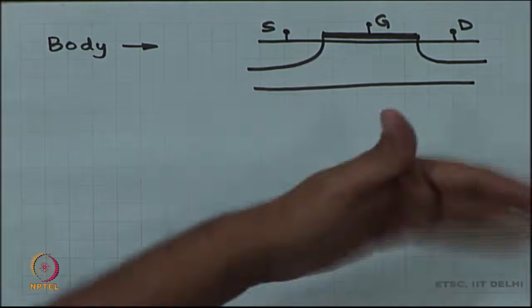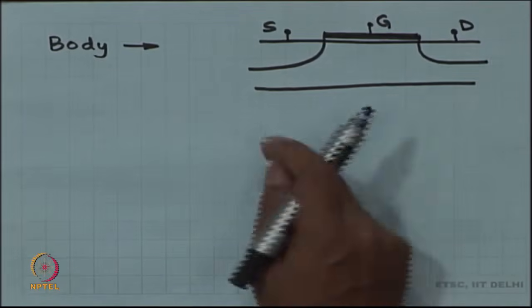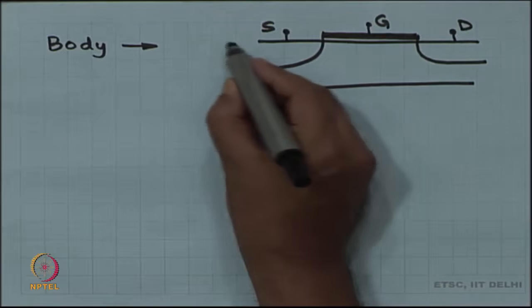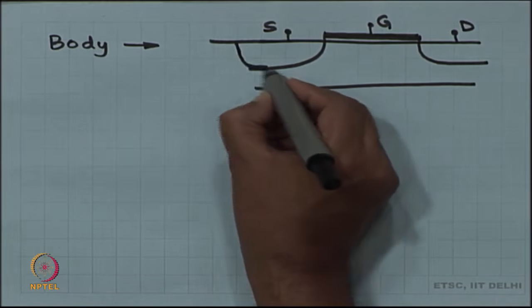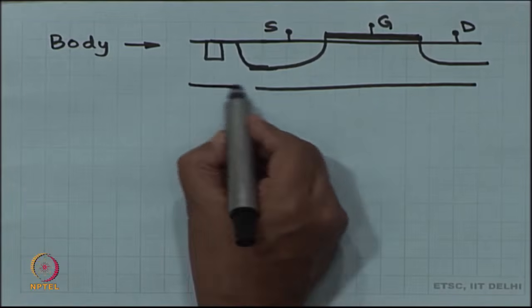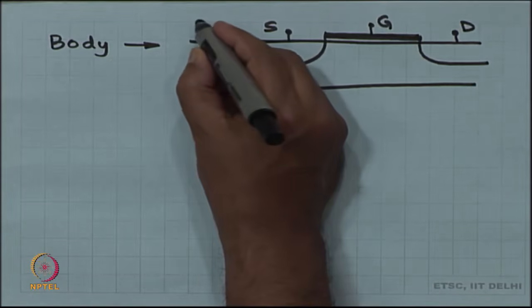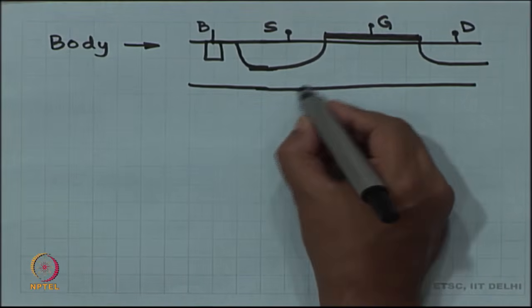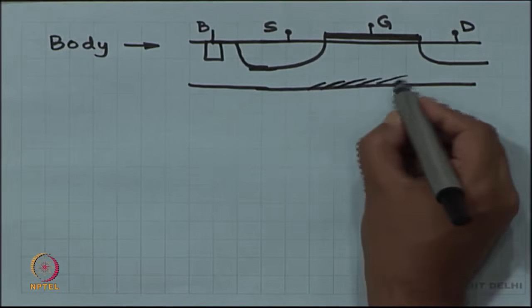So, the body is the rest of the stuff, right, all of this. Normally what is done is you place a contact on this substrate and that becomes the body. But what we are referring to is the potential of this side.